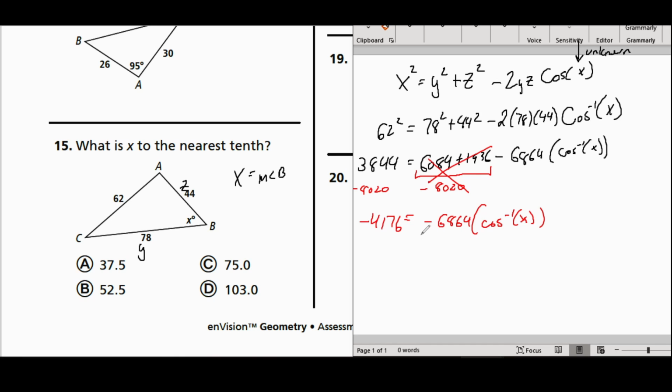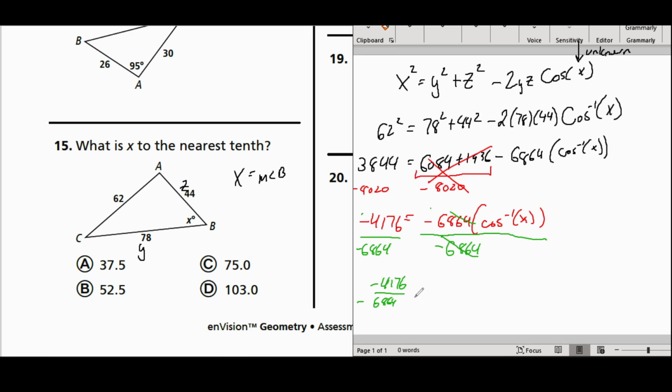So here, I'm going to divide both sides by negative 6864. And you do want them on the left-hand and the right-hand side to be negative or double positive. Not going to see double positive very often right now. This double negative is really going to be our fraction that we're solving for here.